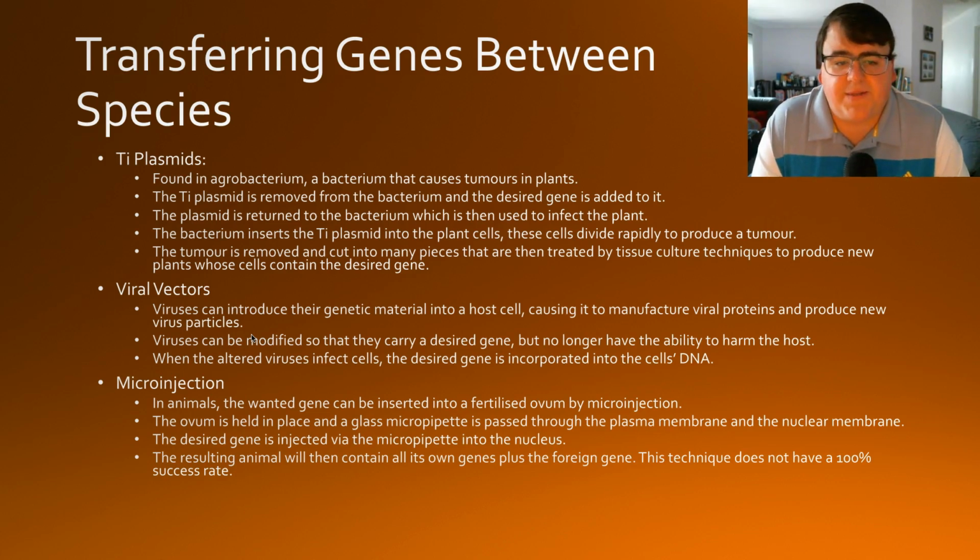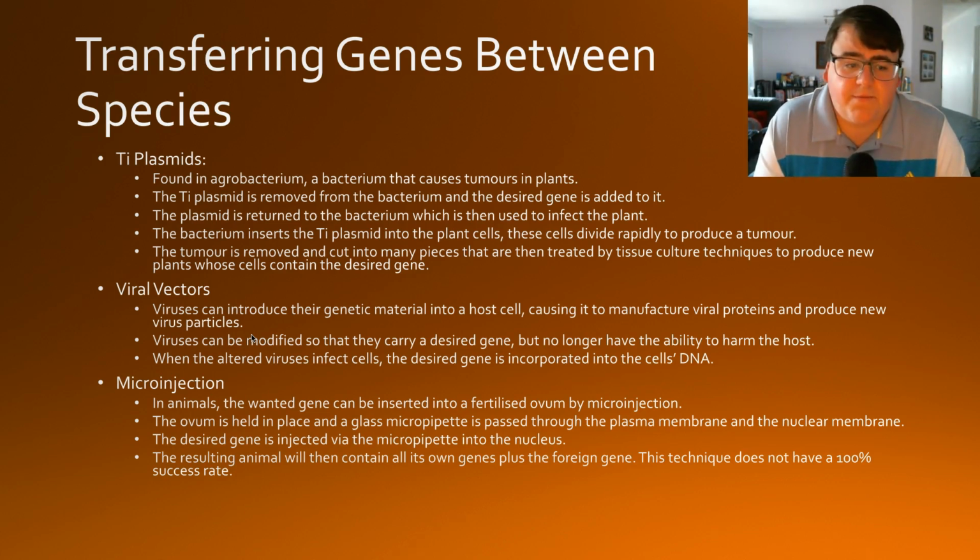We then return that plasmid to the bacterium, which we use to infect the plant. The bacterium will insert the TI plasmid into the plant cells and cause those cells to divide rapidly, producing a tumour. We then physically remove that tumour, cut it into many pieces, and treat it with tissue culturing techniques to produce new plants which contain the desired gene.